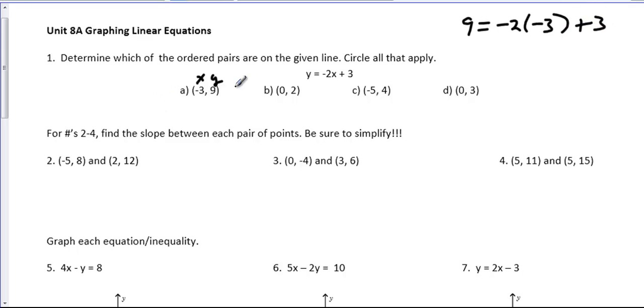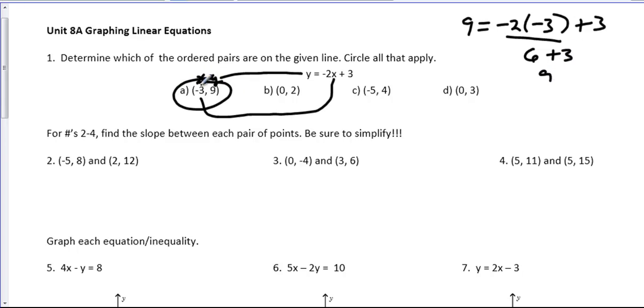I'm plugging my 9 in for y, because that's the y value, and my negative 3 in for x. When I do that, I end up with 6 plus 3, which of course is 9.